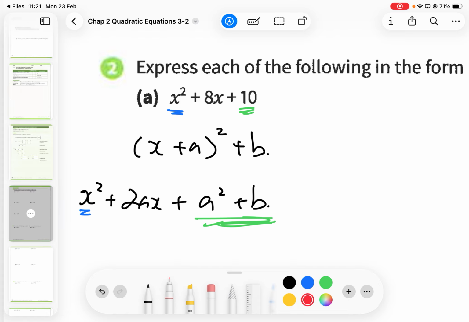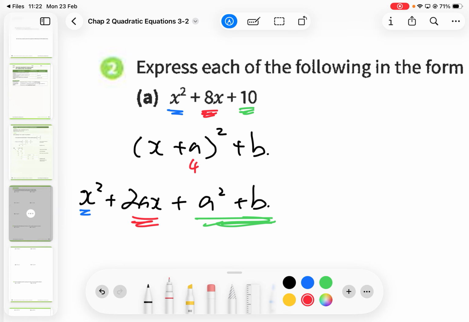Okay? Meaning, from this comparing, I already know what my a is, because 2a is the same as 8. If 2a is the same as 8, 2 times a is 8, a must be 4. Correct? So I know that a is actually 4.